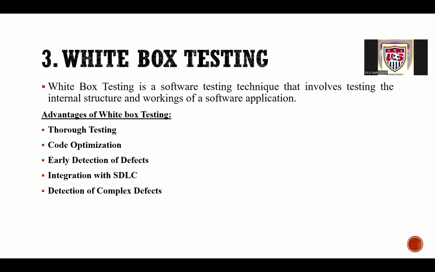White box testing can be easily started in the software development life cycle. Last one is detection of complex defects. The tester can identify defects that might otherwise only be detected through other testing techniques. That is the major advantage of white box testing.